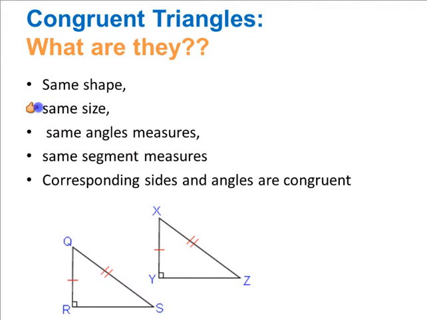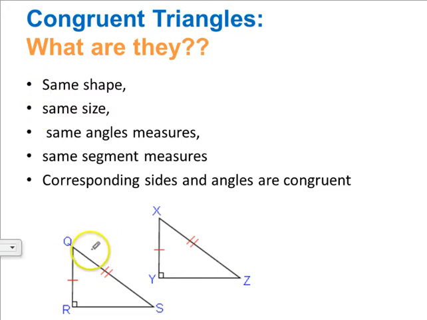In order to have the exact same size, all the angle measures have to be the same and all the segments or side lengths have to be the same. So really what we're saying is that all corresponding sides and angles have to be congruent, and remember, corresponding means that they're located in the same position, to give the triangle the same shape and the same size.